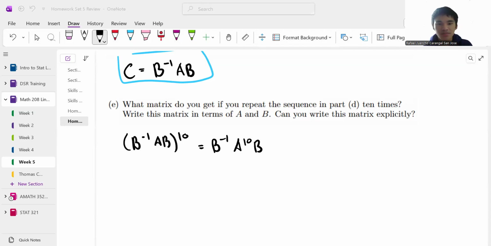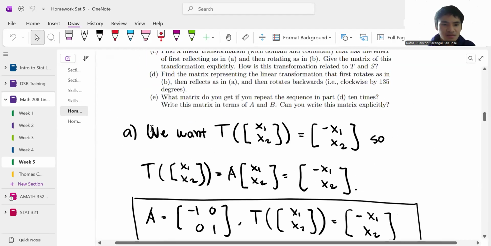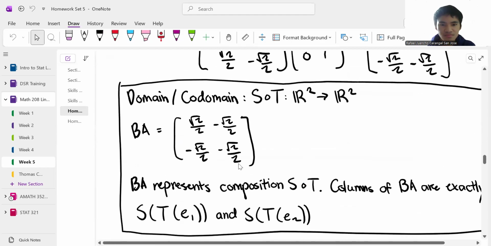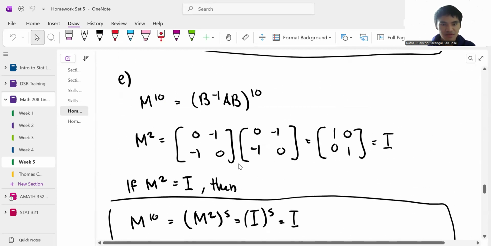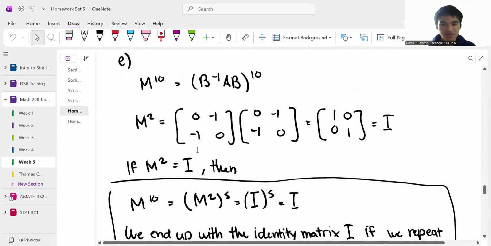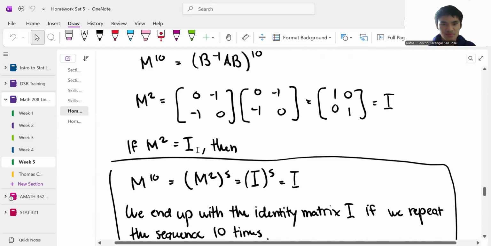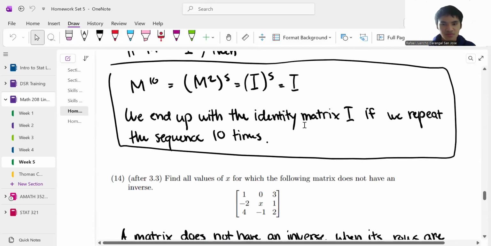Okay? Now, I think the best way to do this is to first identify a pattern, if I'm not mistaken. I think, yes, we would have to represent some pattern here. Oh, wait a minute. Why is this?